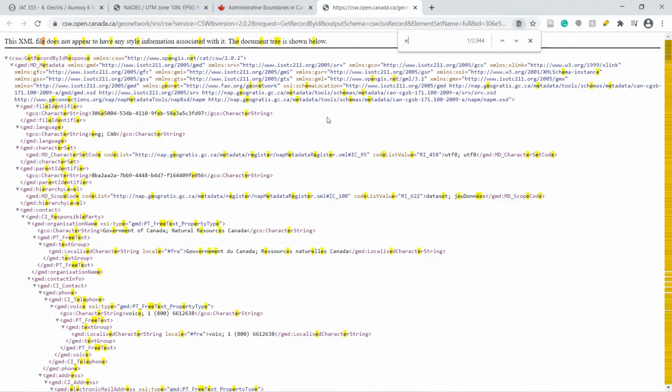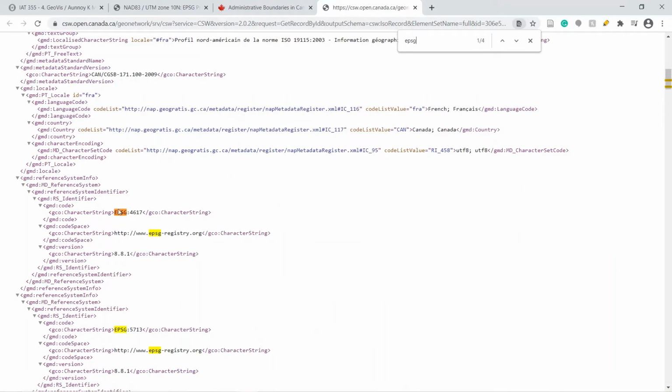Let's search for EPSG, and as you can see, they are using two different formats or coordinate systems, 4617 and 5713. So you need to find this coordinate system for any dataset, and if that is not supported by D3, you need to convert them to something that you can work with.